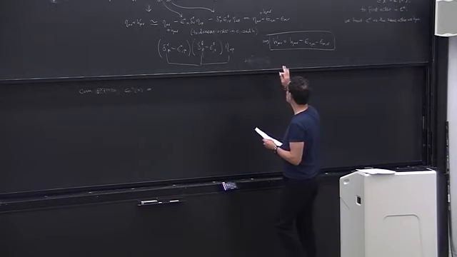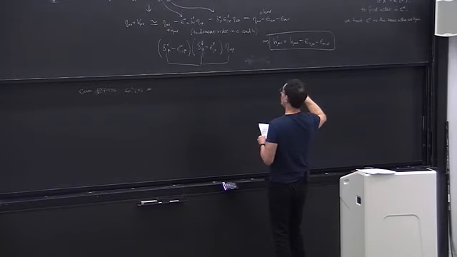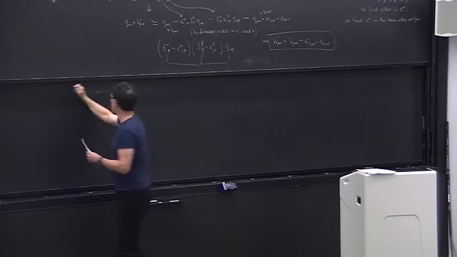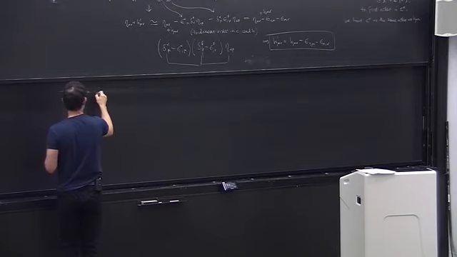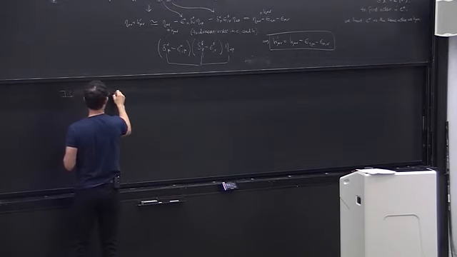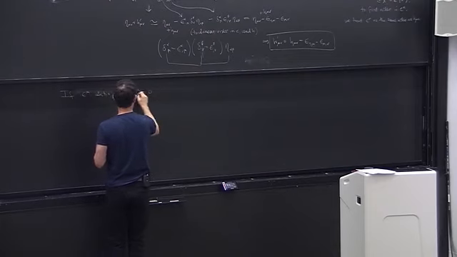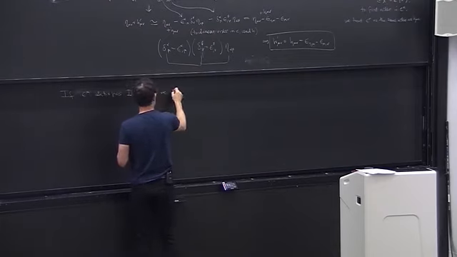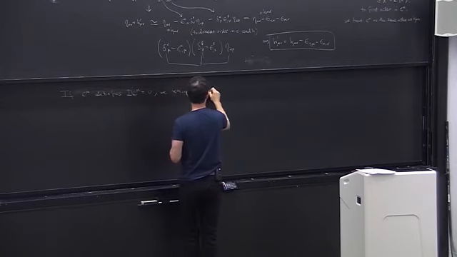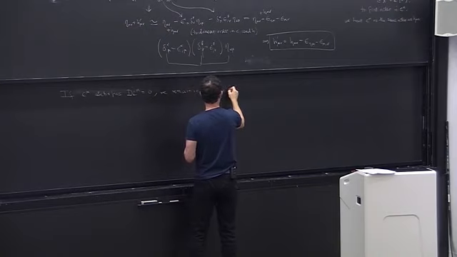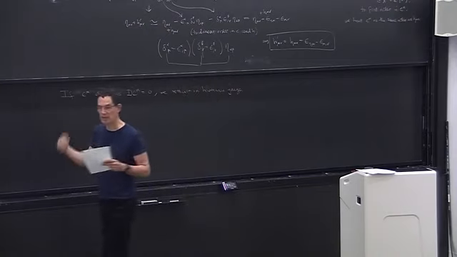We know that if epsilon mu satisfies box epsilon mu equals 0, we remain in harmonic gauge, because box x prime is still 0.